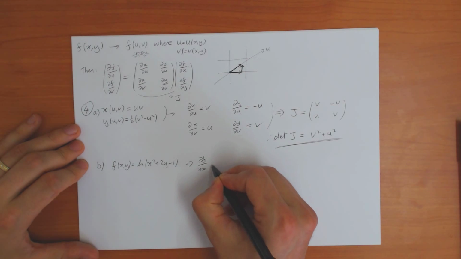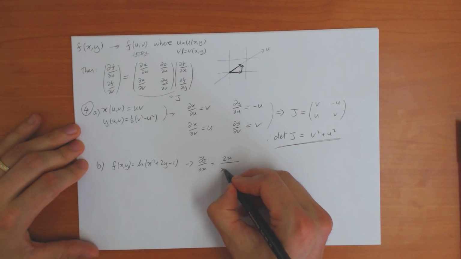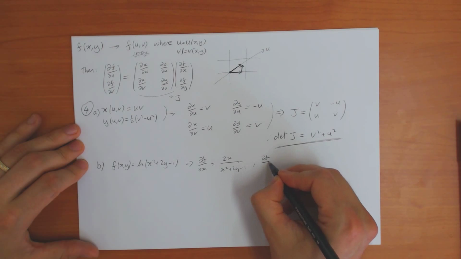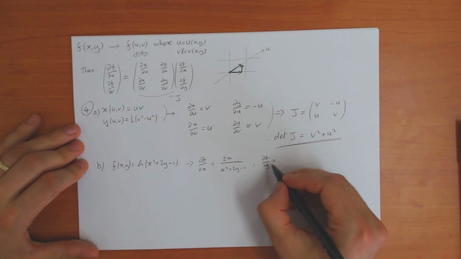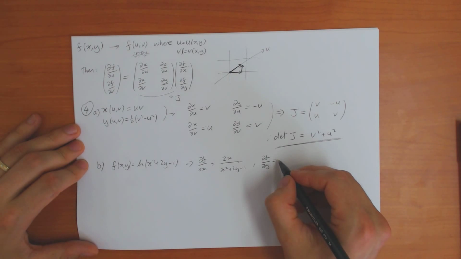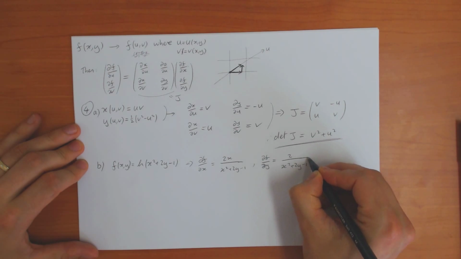So df by dx is 2x over x squared plus 2y minus 1. df by dy is 2 over x squared plus 2y minus 1.